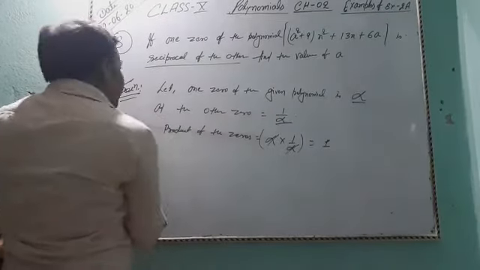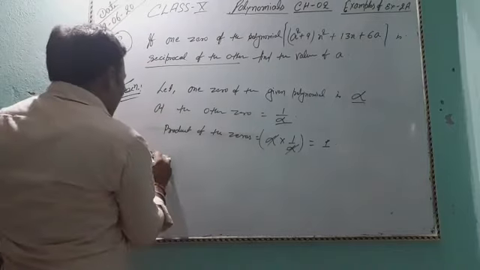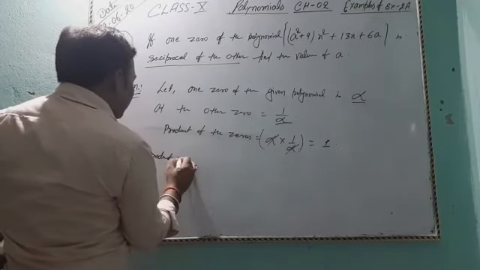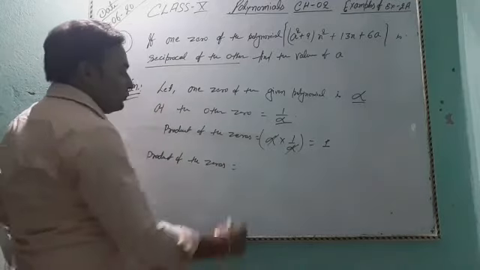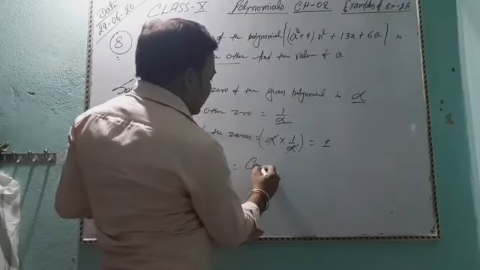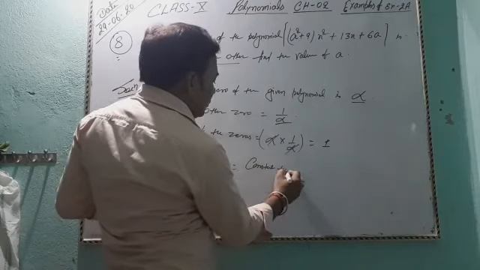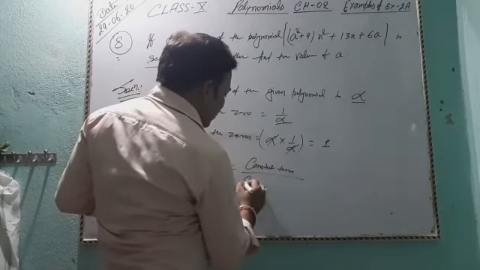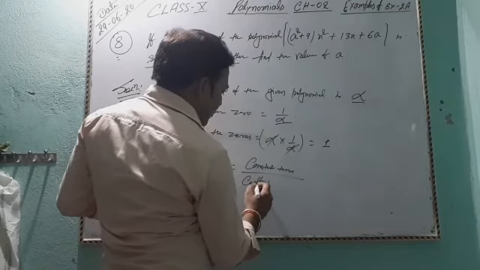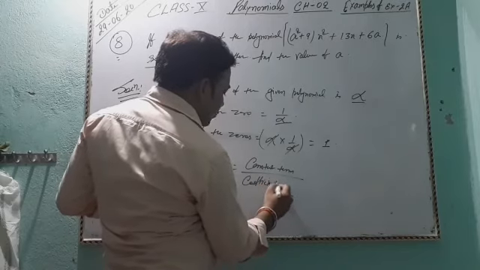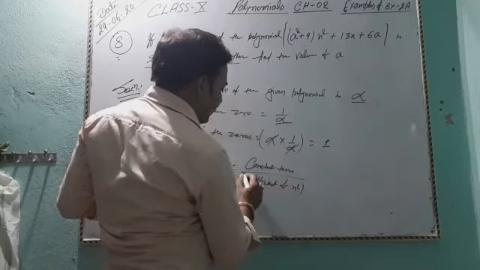And we know that the product of the zeros equal to the constant term divided by the coefficient of x square.